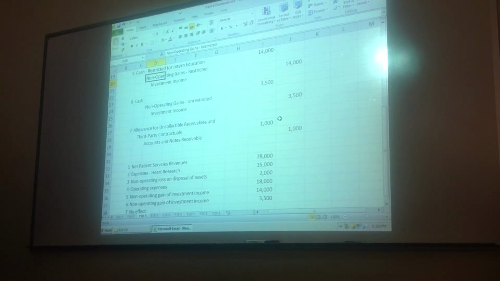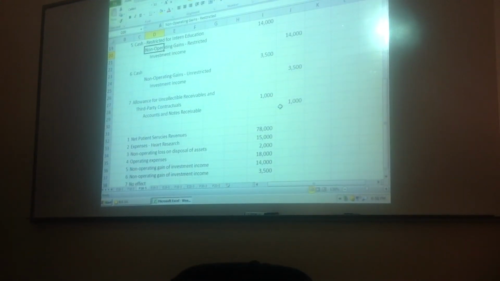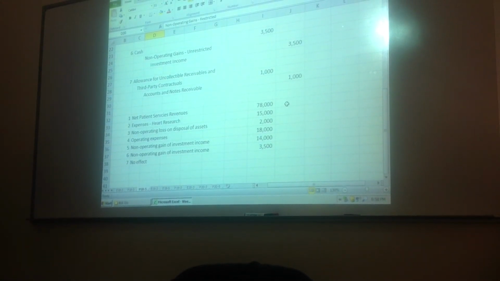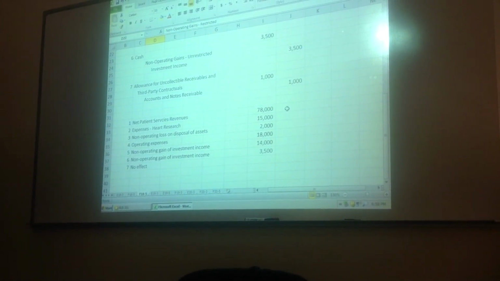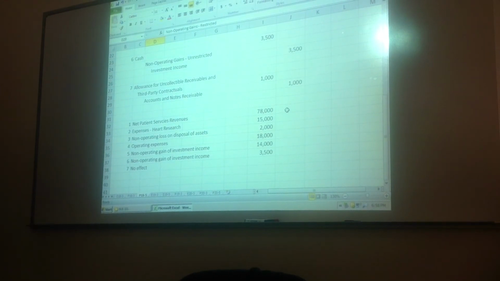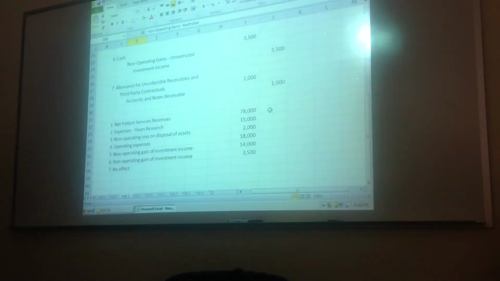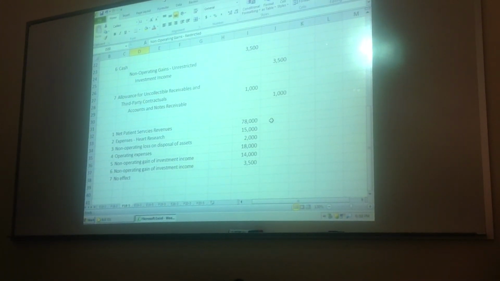Okay? The second piece of the problem, 18.5, says, explain how each of the preceding transactions affects the statement of revenues, expenses, and changes in net position, which is your what? Income statement, right?